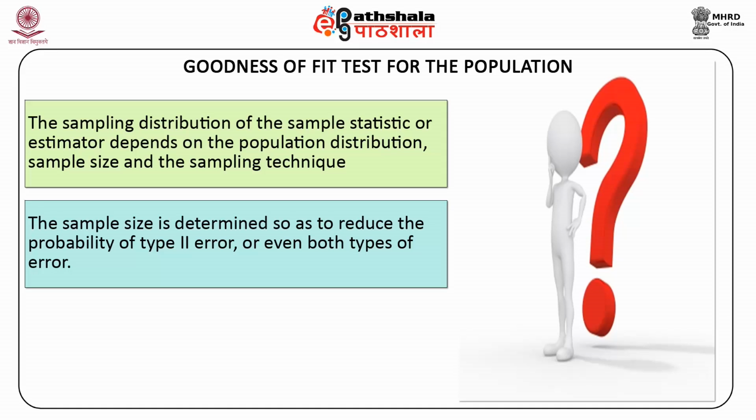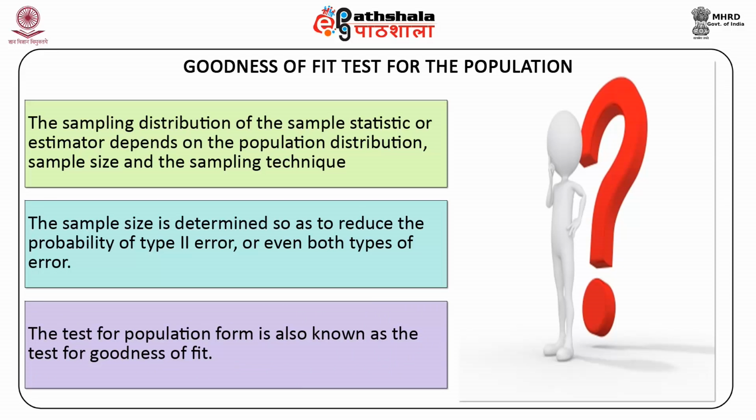Very often, we assume that the population has a normal distribution. It may be prudent to test if the assumption is justified. In other cases, we may believe the population has a particular form, for example, binomial or Poisson or uniform distribution, and desire to test whether we are correct in our belief. The test for population form is also known as the test for goodness of fit.